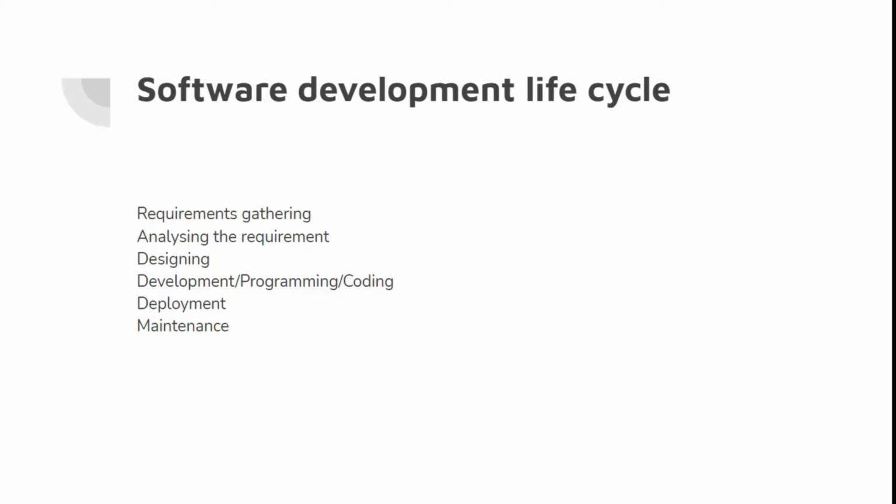Okay, analyzing in the sense of whether it's feasible or not. That is one way of analyzing. Some of their requirements cannot be done with the available technologies or with our knowledge. For example, they are asking for something, but we don't know how to do that by programming. Then we can't just go ahead with that.